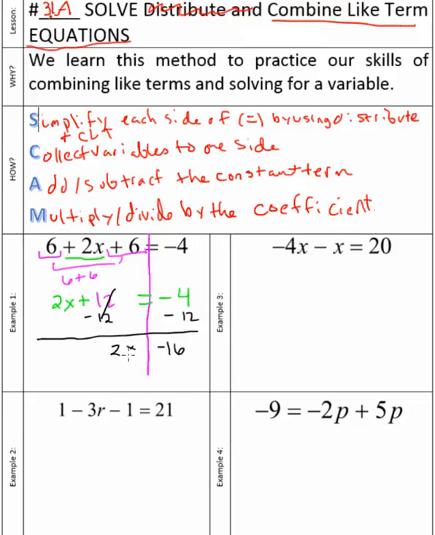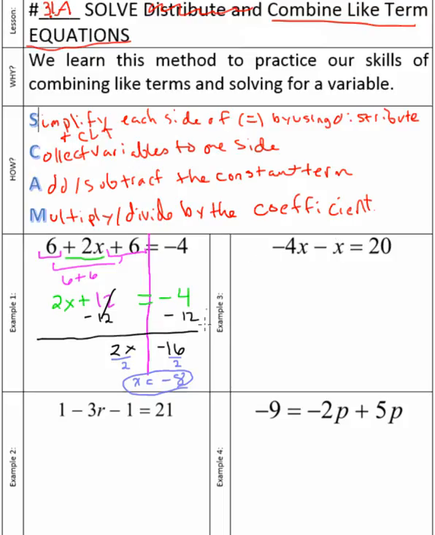Bring down the 2x. Now, 2 is the coefficient of the variable term, so I divide by 2. So then x equals -8. And there's your answer. I plug in -8, I get -16. -16 plus 6 is going to be -4.